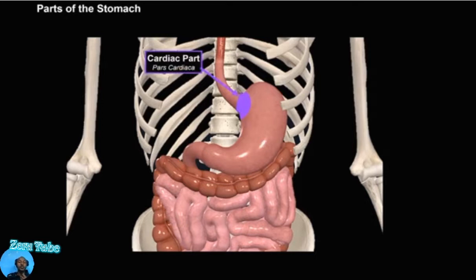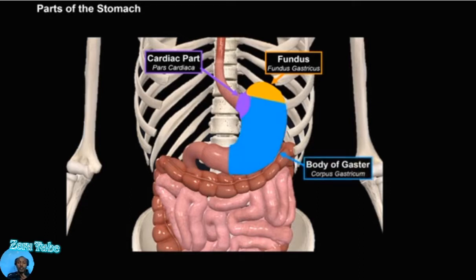The other part is the fundus, which is the most superior part of the stomach, and another part is the body of the stomach. The body of the stomach is the large part.